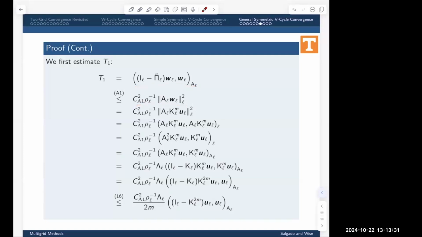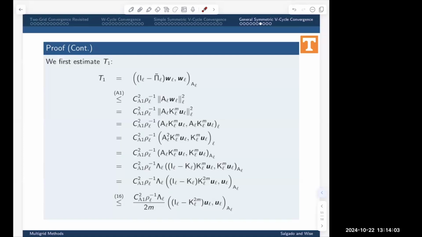That's our approximation property. And we keep in mind that for the proof, multigrid always requires three pieces: an approximation property, some sort of Galerkin condition, and some sort of smoothing assumption. Here we're assuming that we are using the Richardson smoother, so we get either the first smoothing principle or the second one. It doesn't matter which one; whichever is more useful to us is the one we can use.